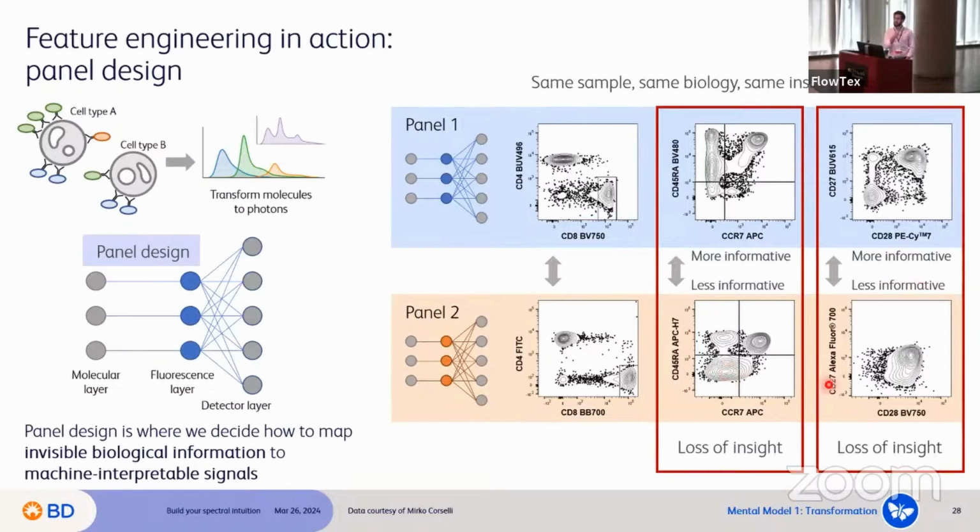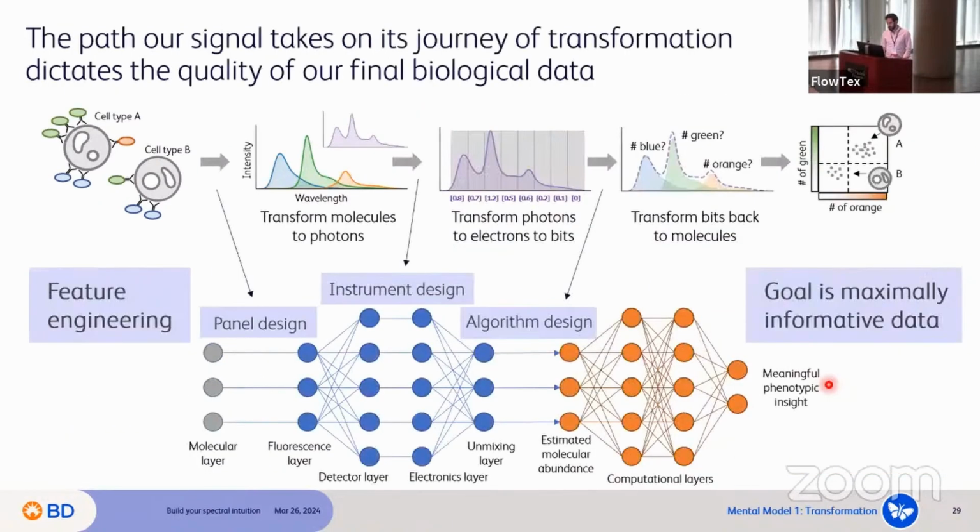In other words, this second choice of a panel was not engineering a maximally informative feature set for my experiment. So our goal in all of this is to engineer maximally informative data to answer the biological question that you have. And we're going to have to think about that carefully at every step in the signal transformation pathway.